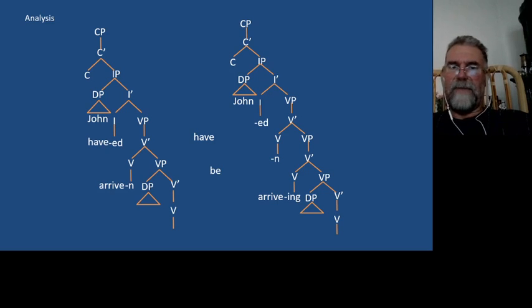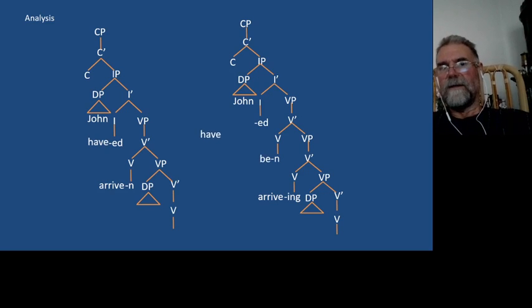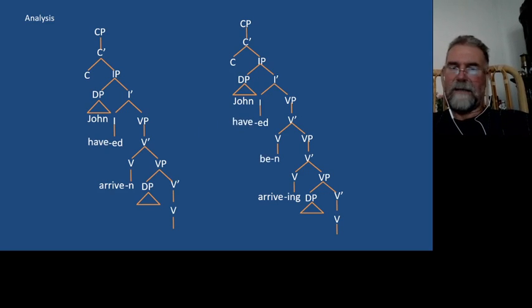And we're going to use the be because of its association with the progressive morpheme. Have attaches to the ud and be to the n, and therefore we end up with John had been arriving. Again, when you would actually use such a sentence is unclear, but that would be the form of the sentence if you were to use it.